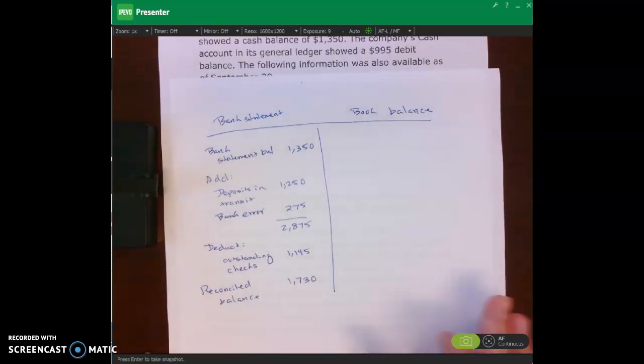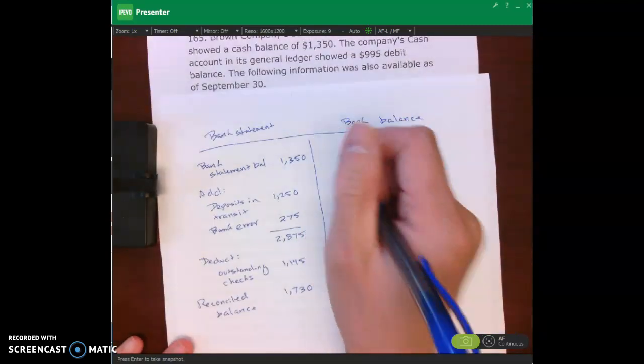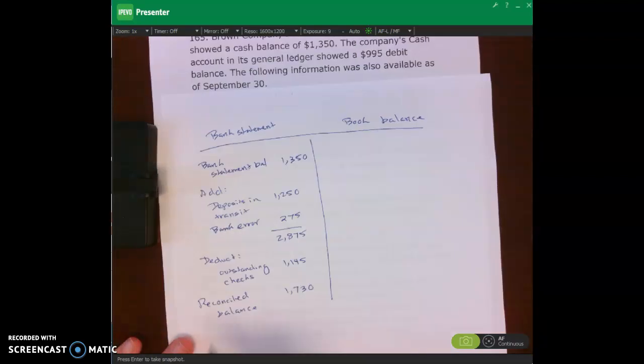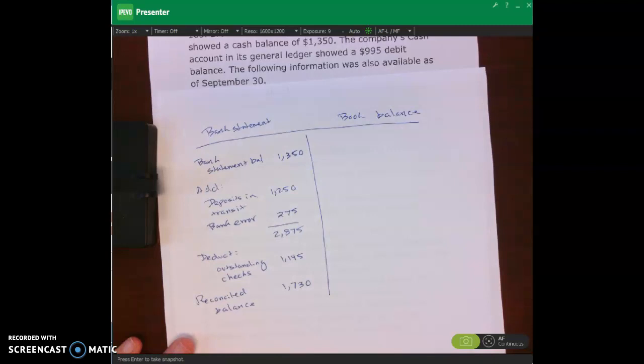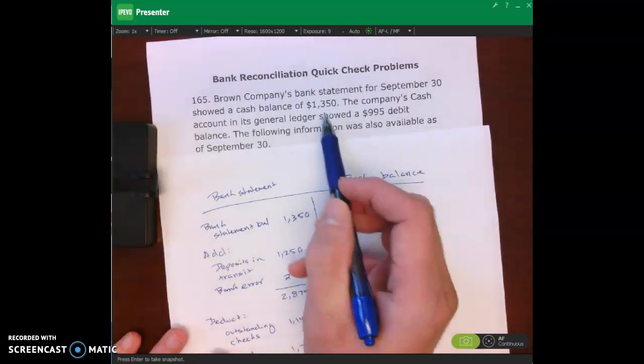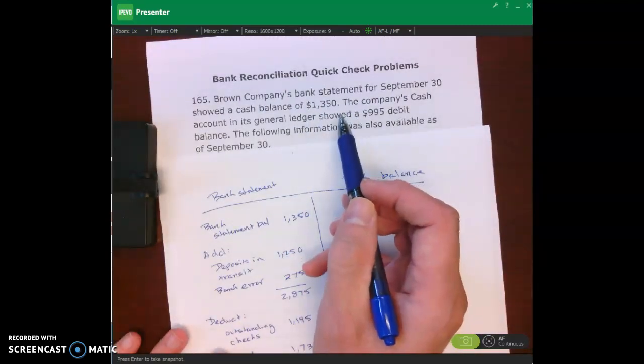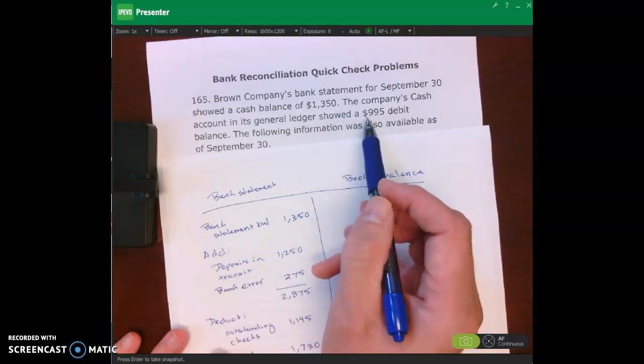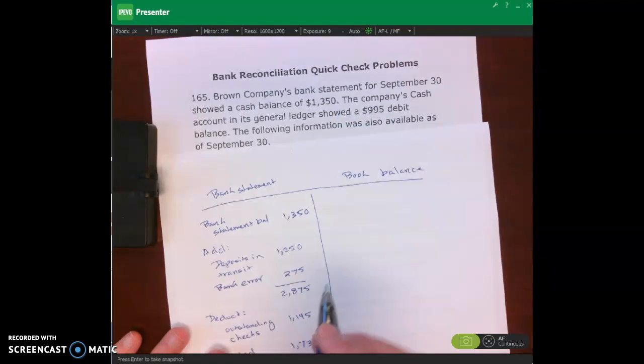Okay. So then, if we relate what I just did back to the steps on page 161, I just did step 4, which is compute the adjusted bank balance. So now I'm looking at step 5, identify the company's balance in cash, and that is from our book balance, which shows right there, $995.